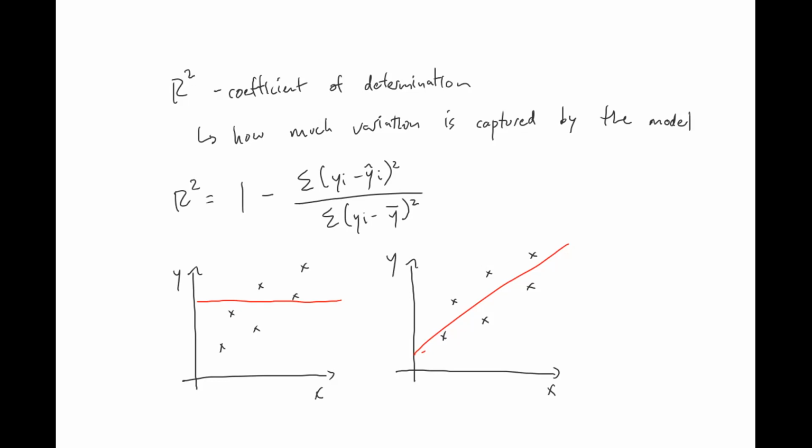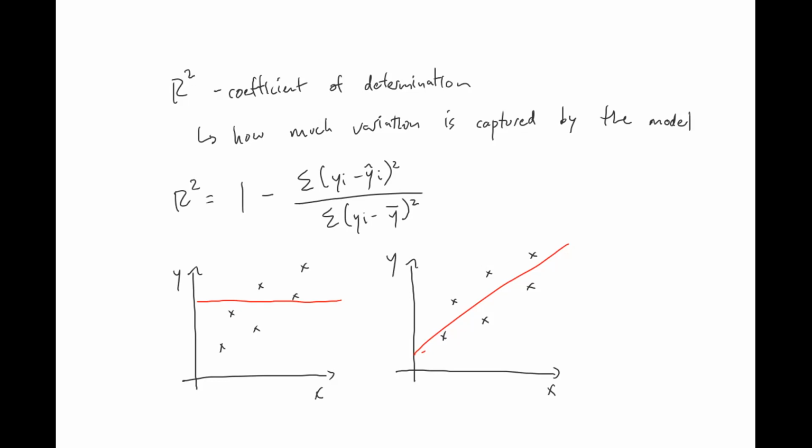Across different types of models, any data set, any model that I'm running, my R squared value is going to be between 0 and 1. So 0 means that less of the variation in the data is being captured by the model, and 1 is saying all of the variation in the data is being captured by the model.